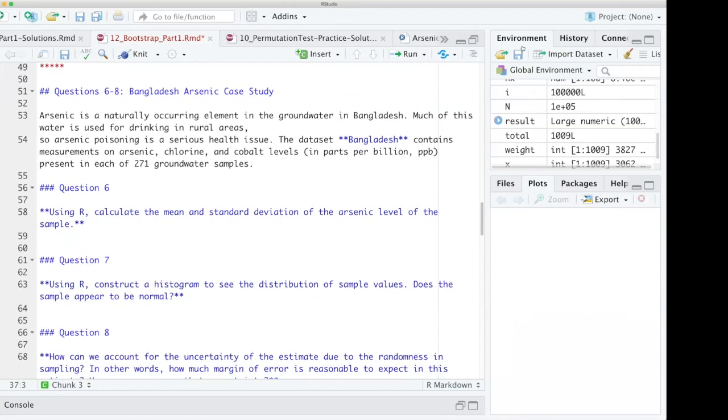This data set, Bangladesh, has 271 observations in it.